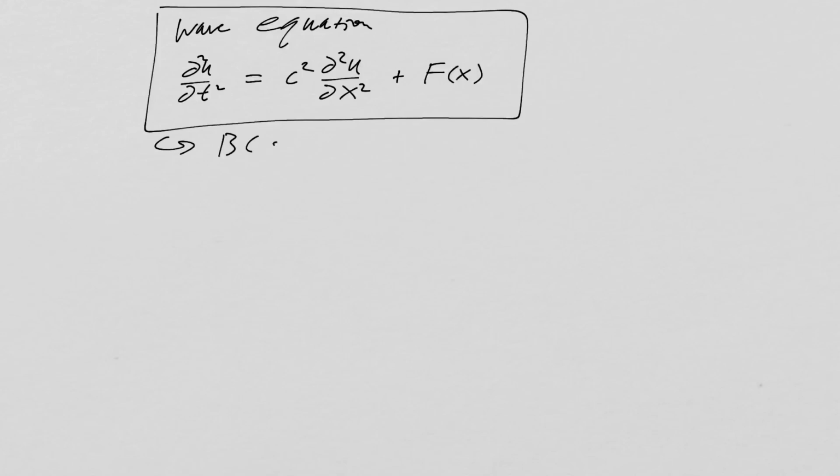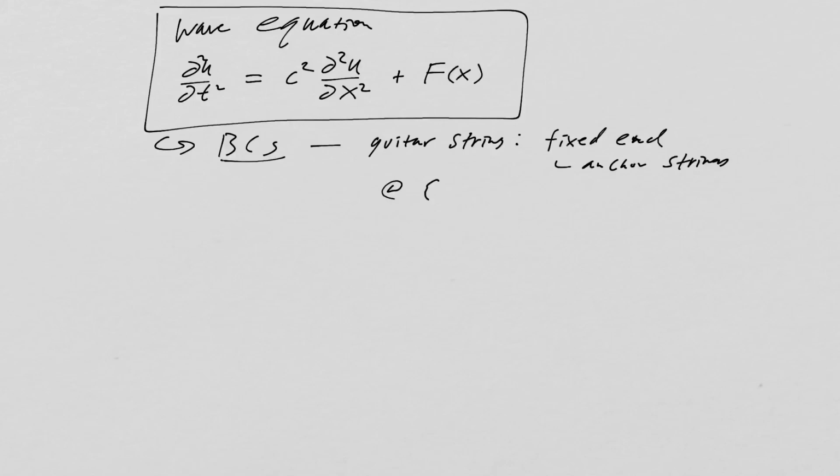All right, we can have boundary conditions too. Typically for a guitar string, that would be what we call a fixed end. So the idea here is that you're going to anchor the string at some points 0 up to L, so that u of 0, comma t, is equal to u at L, comma t, is equal to 0, right? You could also have what's called a free end.